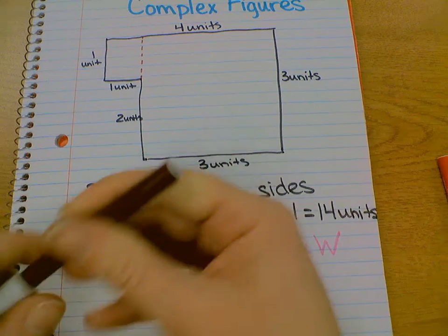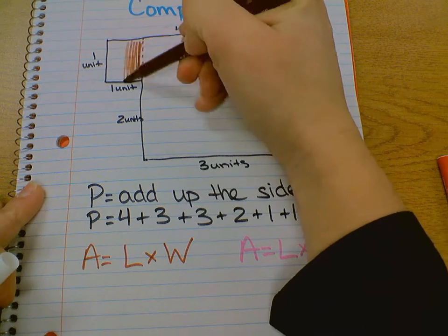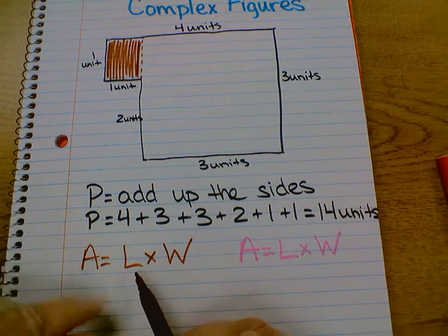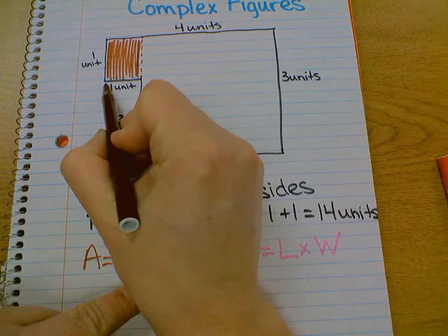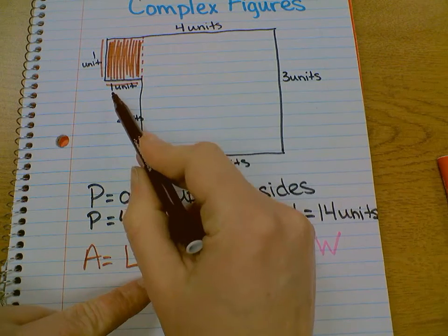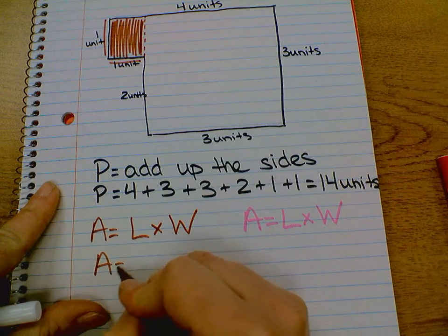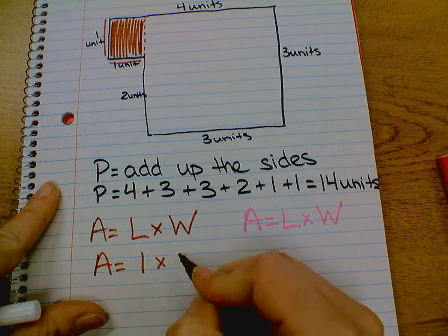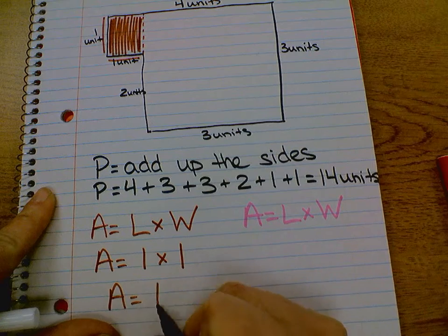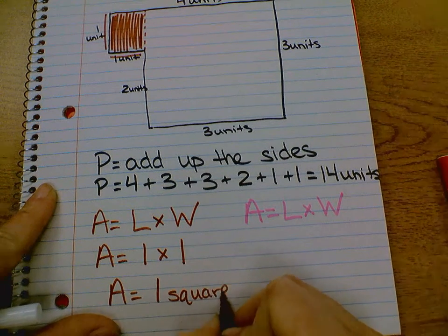Since I'm choosing to use the color brown, I'm going to shade in that rectangle brown. Now, we know we're doing length times width. So I need to do 1 times 1. So area equals 1 times 1. That's pretty easy to solve. The area is 1 square unit.